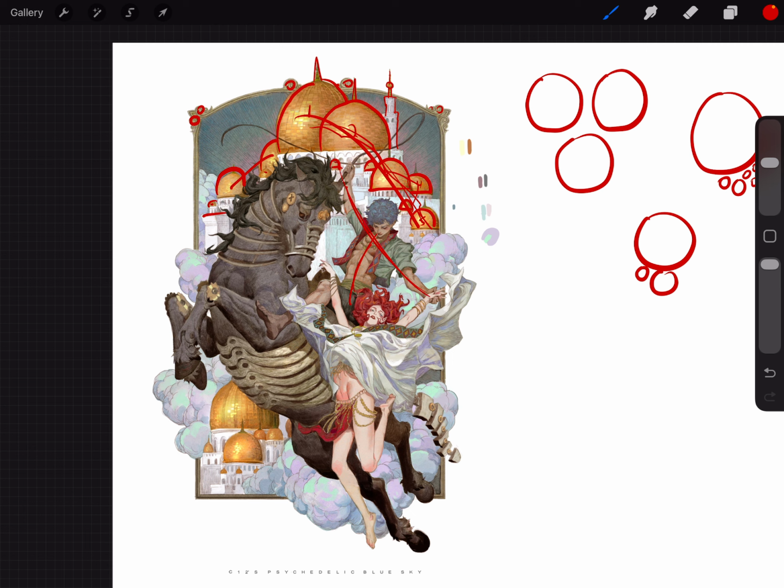You have this upward gesture here, and she's also doing this upward gesture, and her body is doing this upward gesture as well as with this arm, right? And then of course we have the horse itself doing this upward gesture. So you have this sort of thing going on here, right?